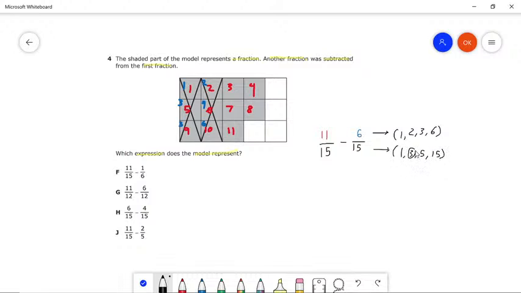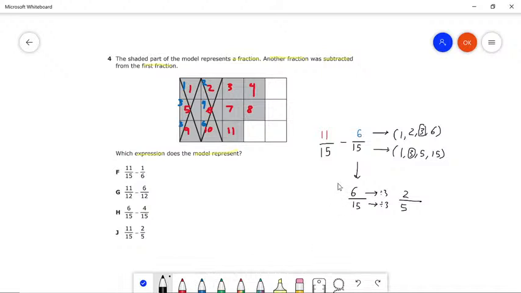So we see 2 common numbers, that's 3 and 3, which means that we can divide the top and the bottom by 3, and we would still get the same fraction. So let me actually move this over here. So we have to divide by 3. 6 divided by 3 is equal to 2. 15 divided by 3 is equal to 5. And we get 2 over 5.